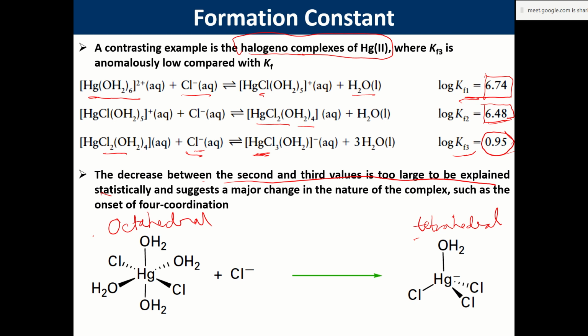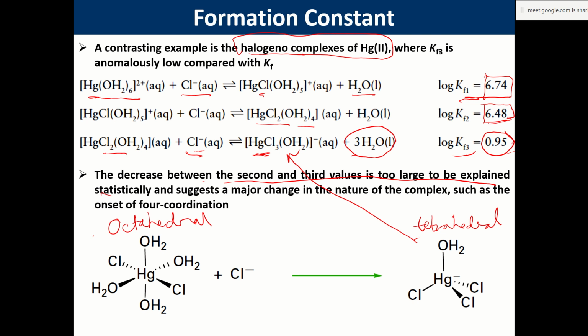When the third Cl minus comes in, there is a change in the geometry. You can see that 3 water molecules are released, and it adopts a tetrahedral geometry. This is the tetrahedral geometry that we are seeing here, which started from an octahedron.